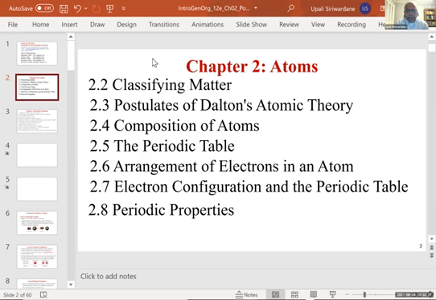The periodic table also shows certain properties like atomic size, ionization energy, and the number of charges found on ions. So we could use the periodic table to get quick answers to certain properties, how they change in the periodic table.